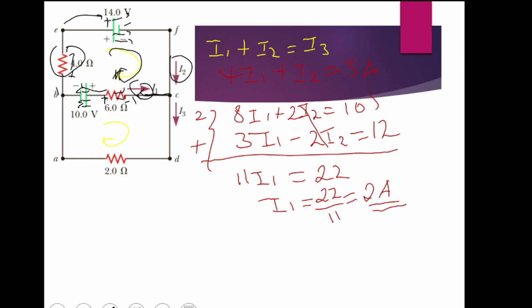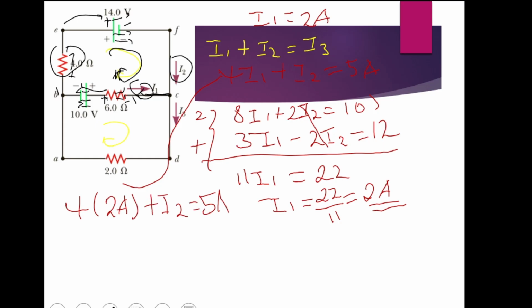So we've got I1. So I1 here is 2 ampere. Now let's substitute and find I2. 4 times 2 ampere plus I2 is going to be 5 ampere. So I2 is going to be 5 ampere minus 8 ampere, which is equal to minus 3 ampere.